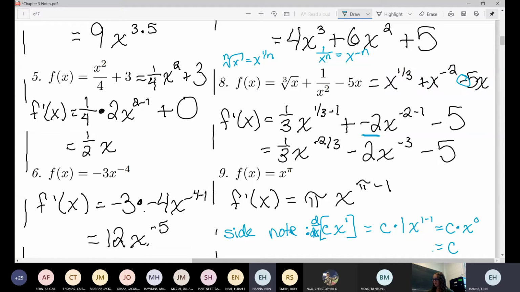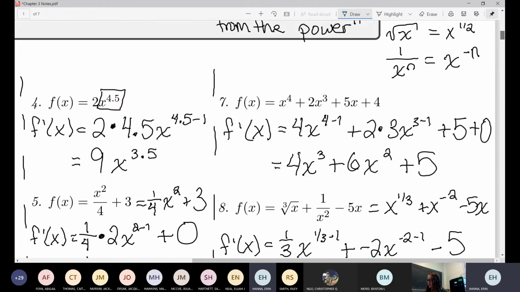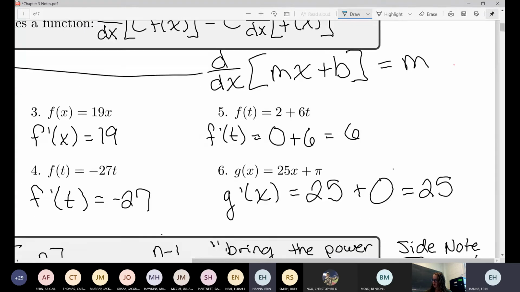Clean this back up. Gwen, why was the first pi we talked about equal to 0, the derivative of it was equal to 0, and this one wasn't? Notice this pi is by itself. There's no variable attached to it. It's not attached to anything else. So as it stands, it's just the number pi.